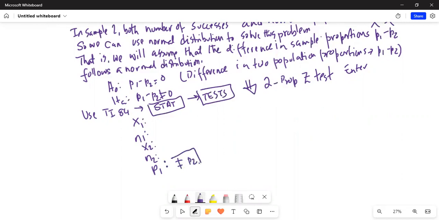We bring the cursor to not equal to P2 and hit enter so that it's flashing on it; not equal to P2 is the alternate.